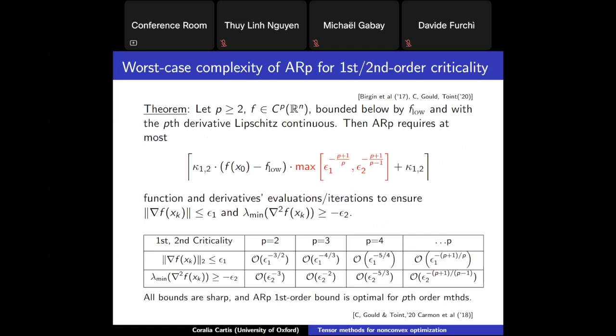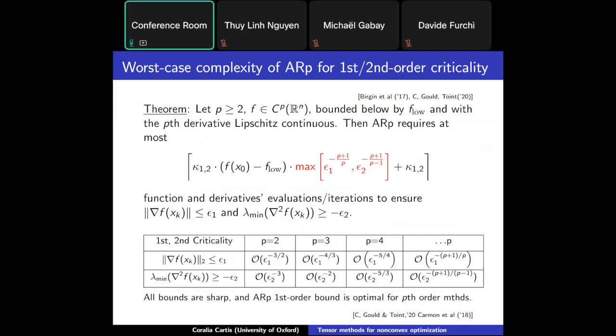So, okay, these are just bounds, but are they sharp? Yes. Are they optimal? Yes. So, in what sense are they optimal? We only know this for first order criticality. Let me take this bound for illustration. Within the class of objective functions f that I'm trying to minimize that have Lipschitz pth order derivative, so the last derivative of my function that I'm using has to be Lipschitz continuous, and of course all these functions are assumed to be bounded below, then this bound applies.